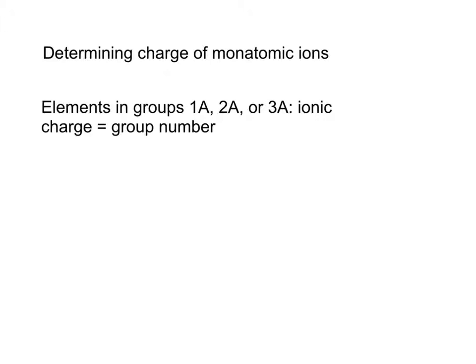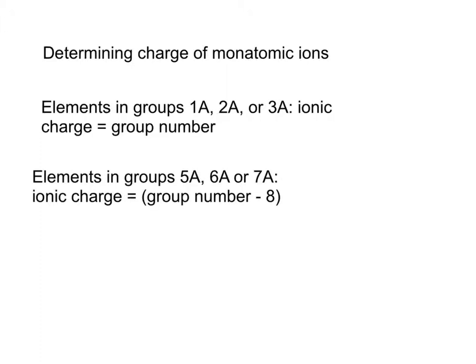All the elements in group 2, so magnesium, beryllium, calcium, etc., are going to have an ionic charge of +2. And if we skip over those groups in the middle and get over to group 3A, group 3A starts with boron, and below boron would be aluminum. Those elements will form an ion with a charge of 3+.